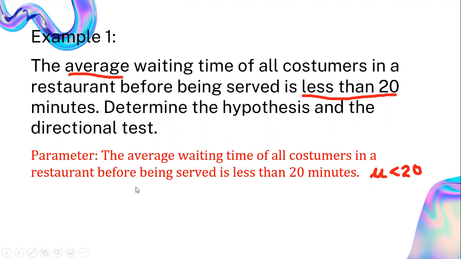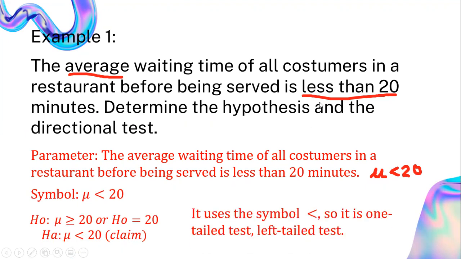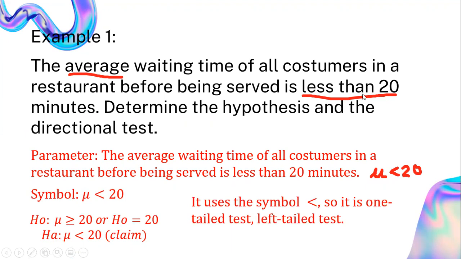And what will be our claim? Anong claim natin? Ayan na yung symbol pala. And the claim as stated in step number 3, basically is less than. So this is your alternative hypothesis. Ayan na po. So your null hypothesis can either be the population mean is greater than or equal to 20 or just equal to 20.